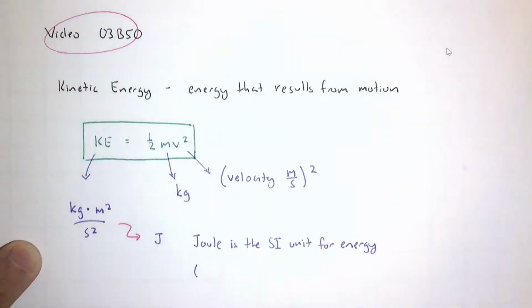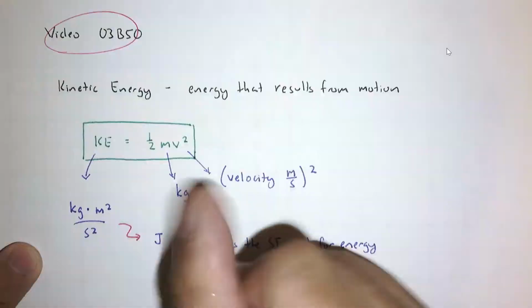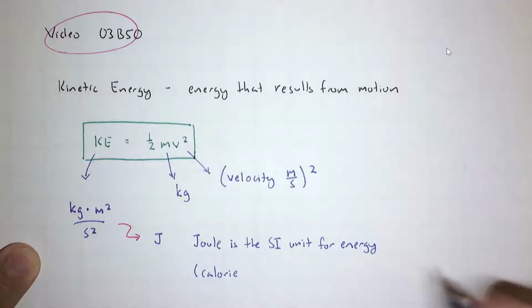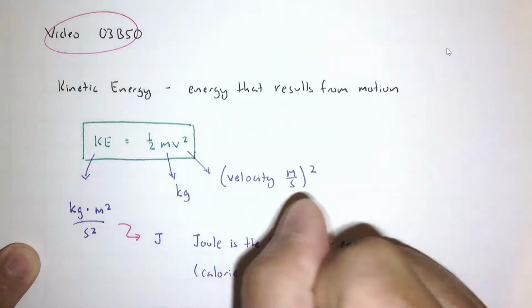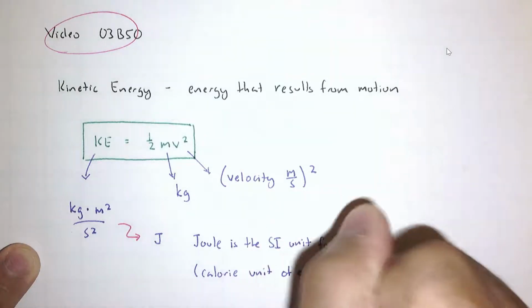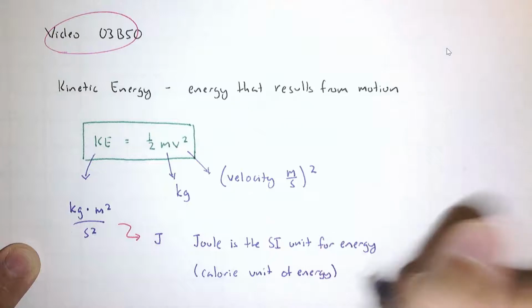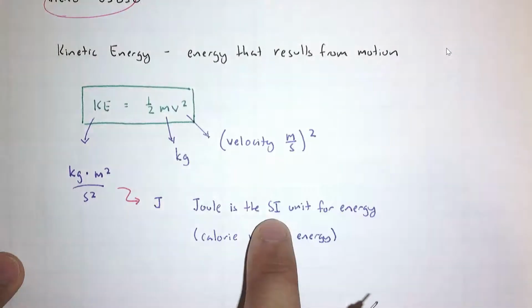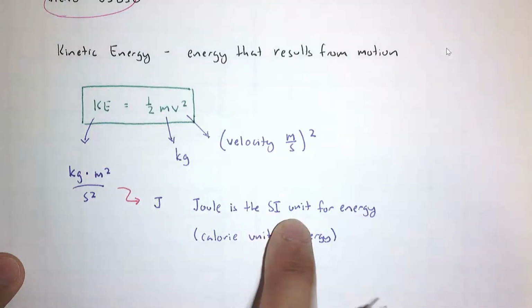So there is a conversion to go from joules to calories and vice versa. And calorie is also a unit of energy. But we'll most likely use the SI unit, the standard unit, or the International System unit for energy.